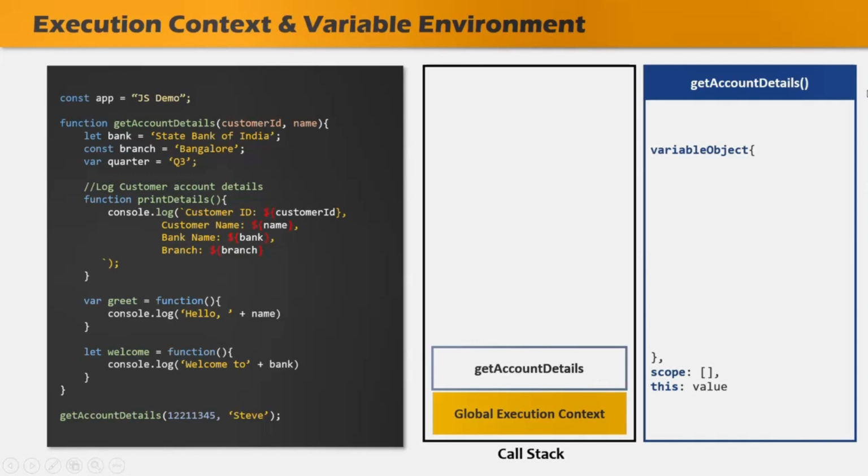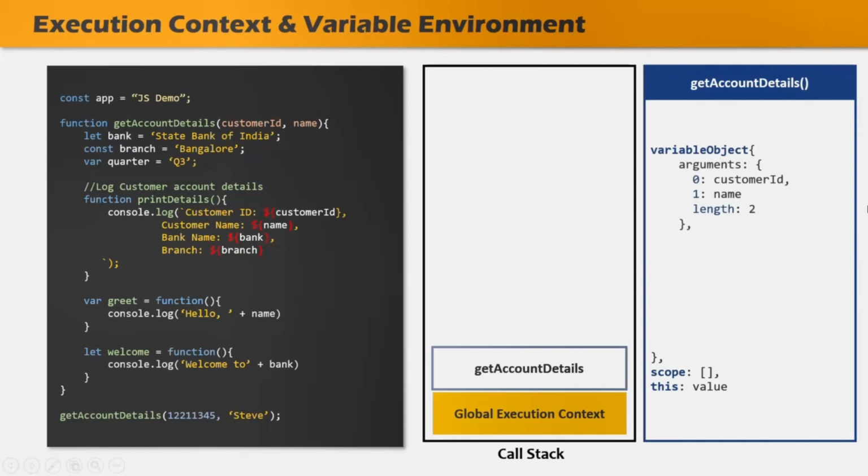And if we have a closer look at the execution context of this get account details function, it is going to have the variable object, the scope, and this variable. So during the creation phase, when the JavaScript engine will start scanning this get account details function, when this function has been called, first of all, it will find that for this function, we are taking two parameters, customer ID and name. So inside this variable object, it is going to create the arguments property, which will be assigned with an object.